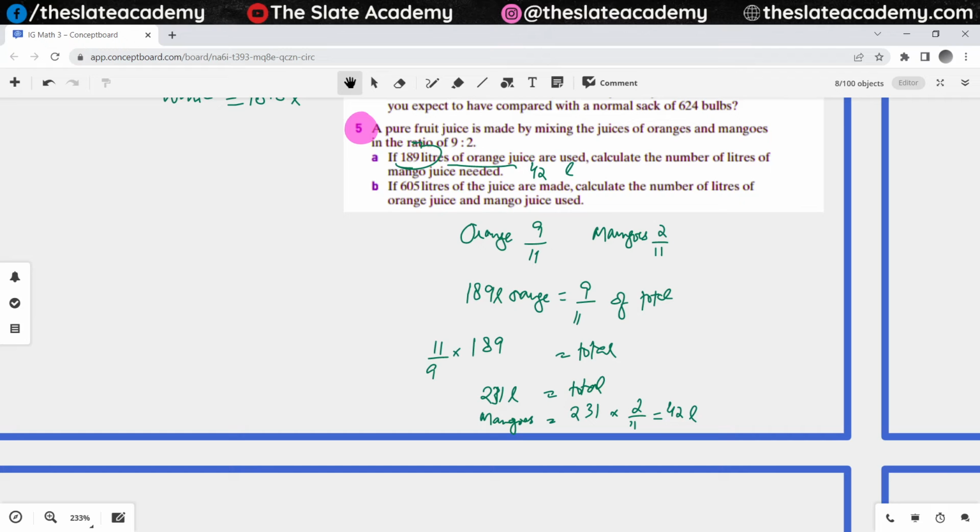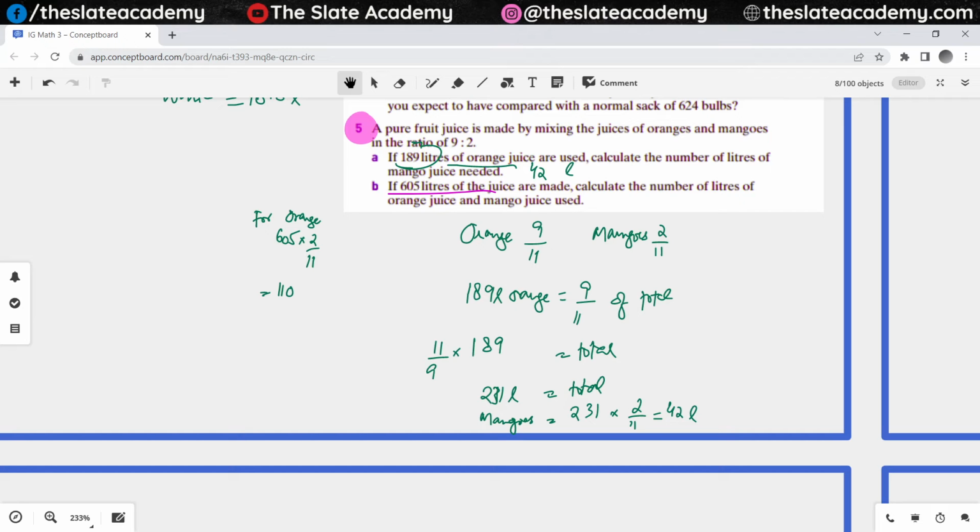And for part B, they tell you if 605 liters of juice are made. Find the combined juice, the total juice. Calculate the number of orange juice and mango juice. So for this 605, we would simply take the ratio 605 into 2 out of 11 for oranges. So it would be 110. And then we can simply subtract this from the total, 605 minus 110.